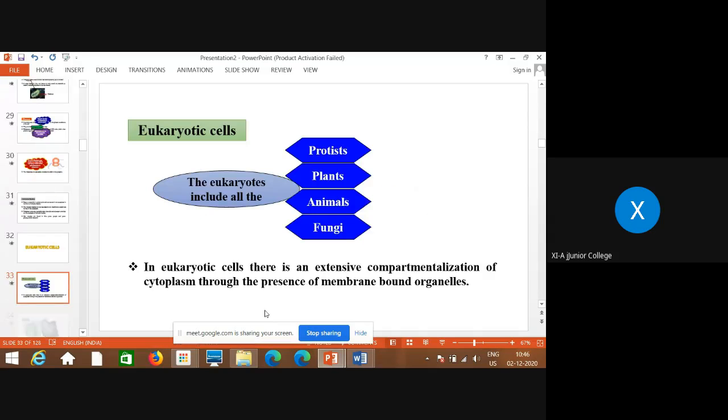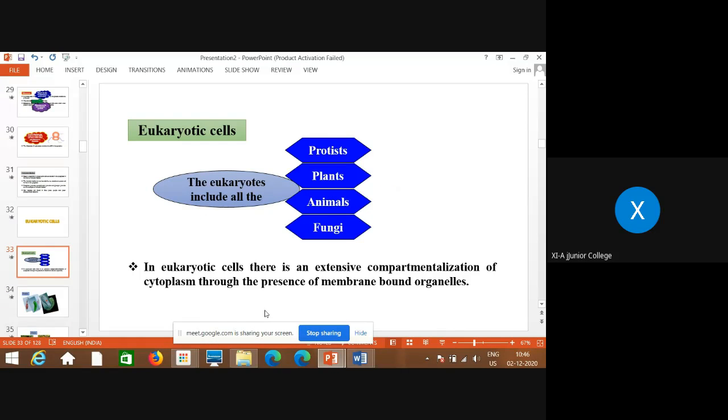Most multicellular organisms show eukaryotic cells, right? They include protists, plants, animals, fungi.